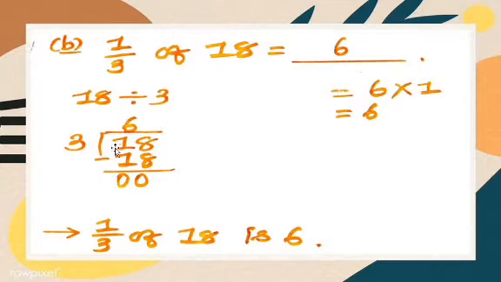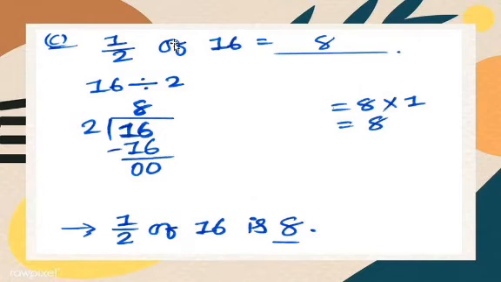What to do, my dear students? In table number 3, 18 will come or not? So 3 sixes are 18. 18 minus 18 is equal to 0. Here is 6, 6 multiplied by 1. 6 ones are 6. 1 upon 3 of 18 is 6.